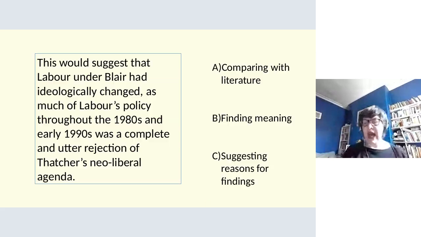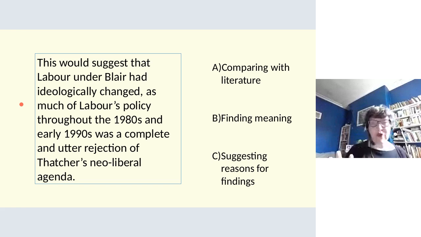So, next slide. Okay, so hopefully, again, you can see these. This would suggest that Labour under Blair had ideologically changed, as much of Labour's policy throughout the 1980s and early 1990s was a complete and utter rejection of Thatcher's neoliberal agenda. If you don't know what neoliberal is, if you don't know who Thatcher was, don't worry.